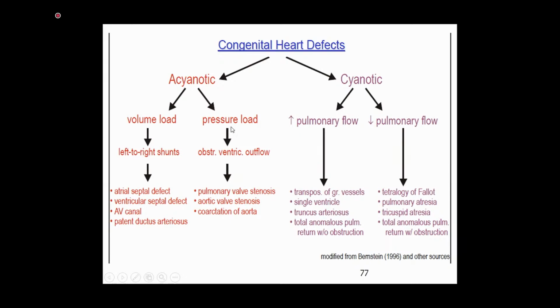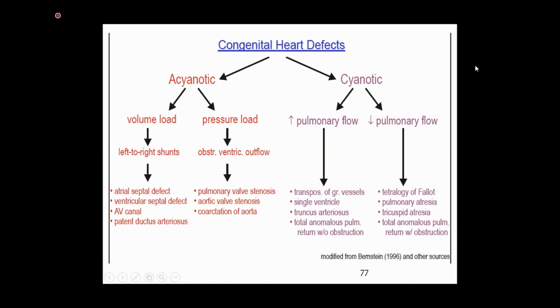Or it is because of pressure load, which might be due to obstruction to ventricular outflow: on the right, pulmonary valve stenosis, and on the left, aortic valve stenosis or coarctation of the aorta.